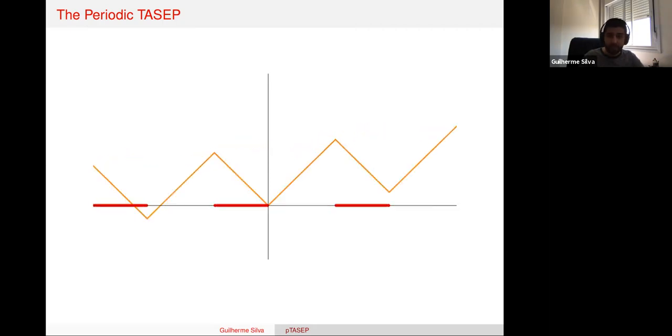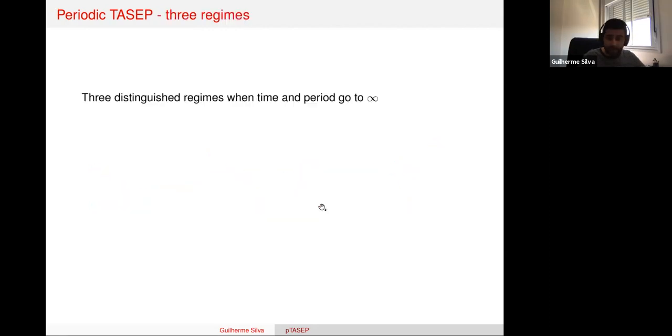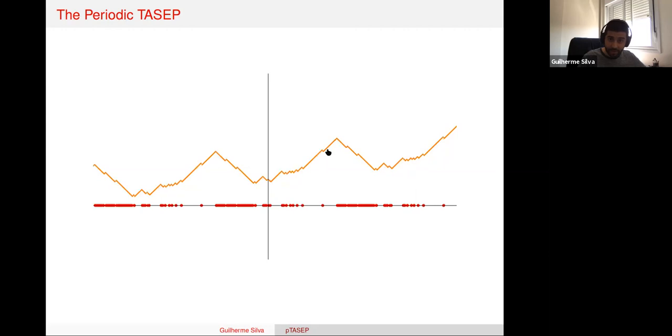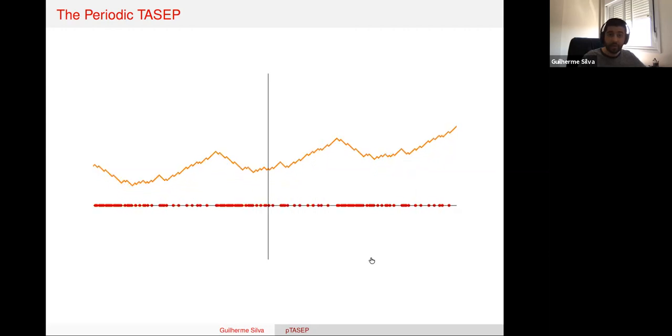But let me run it one more time, because I want to show you one feature here. What you should see is that before the first particle hits the last particle, the particles are not yet correlated, but right at the moment where the first particle hits the last particle, there is what we call a shock.